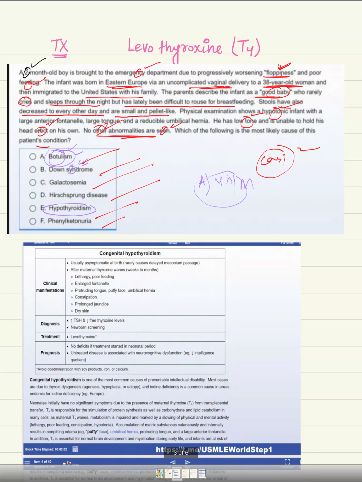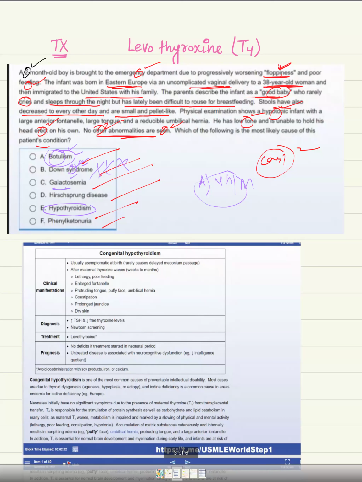Then we have Down syndrome. In Down syndrome, we have other physical, dysmorphic features, which is very important. The baby has upslanting palpebral fissures, epicanthal folds, and a single palmar crease, and these dysmorphic features are not given here, so it is definitely going to be wrong. Then we have galactosemia.